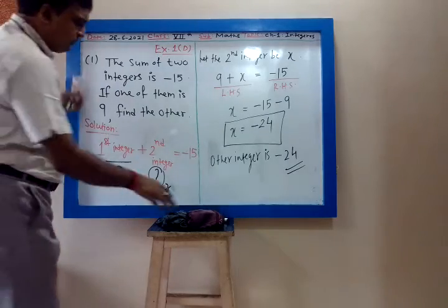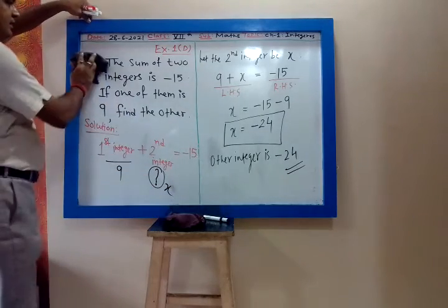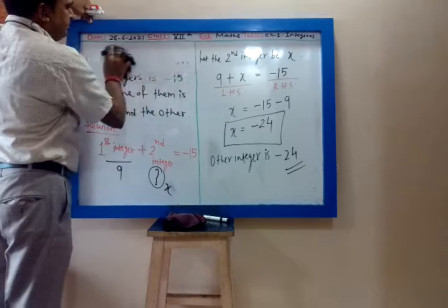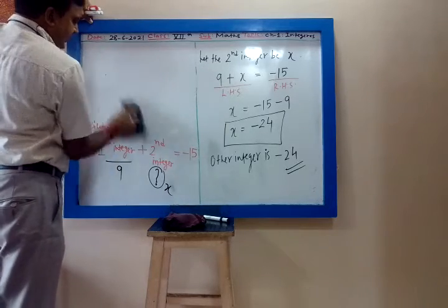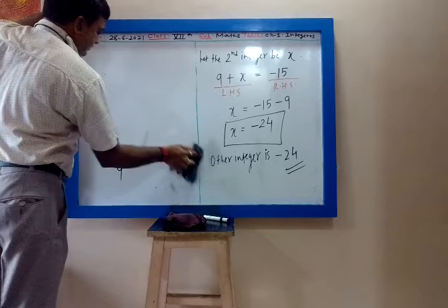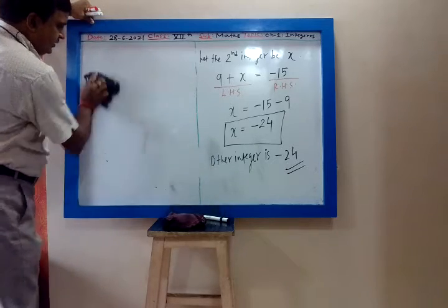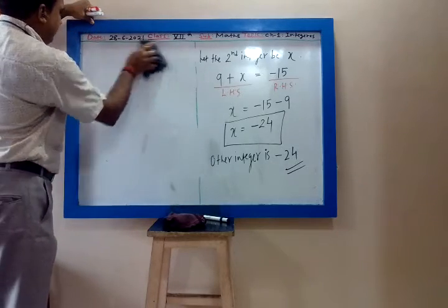That's all. So the answer is, the second integer is minus 24.